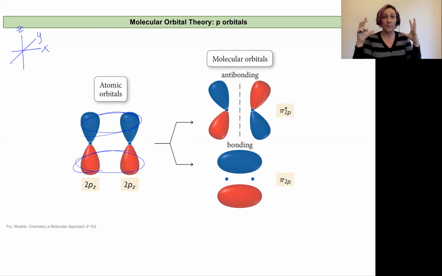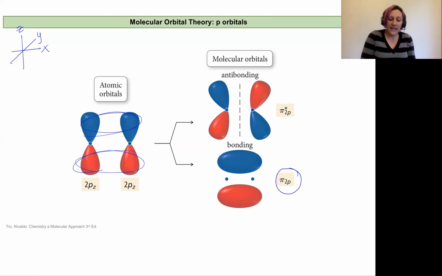They're going to amplify each other. And so we get a bonding pattern for our molecular bonding orbital that looks kind of like a hot dog bun. This looks a lot like the valence bond hybridized orbital for pi, right?